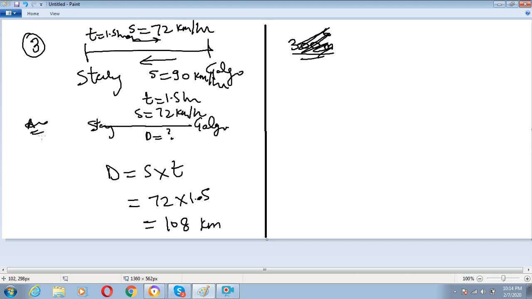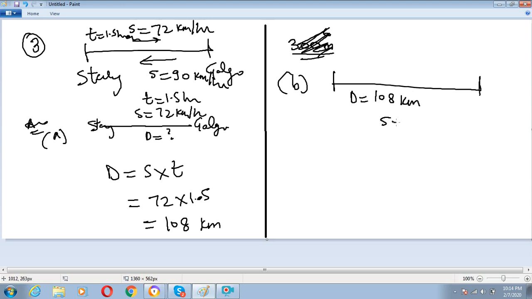Now the concept we'll use here is that the distance will be the same, correct, while going and coming. So this same distance I will use for the return journey. 108 kilometers is the distance. I know the speed in the return journey is 90 kilometers per hour. Now I have to find the time. I can take it as T2, S2.